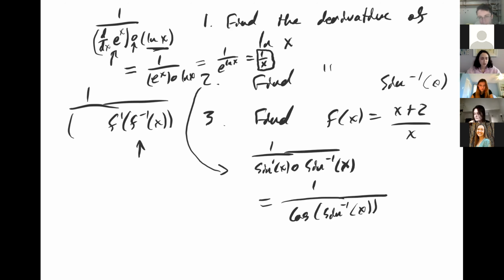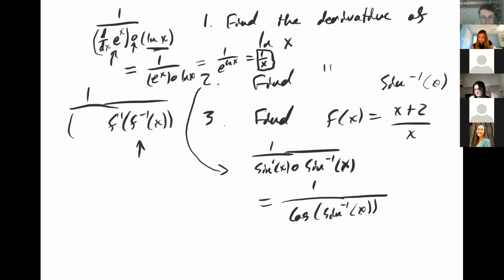And now I think a lot of people got to this point and then weren't sure how to simplify further. So there's a pretty standard trick that maybe you learned in pre-calculus, to turn this into the more standard expression for the derivative of arcsine or sine inverse.